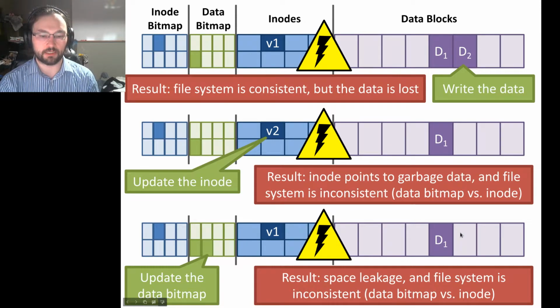We can live without those data blocks. If this happens too many more times, our disk will fill up, but then we'll probably notice and go ahead and put in a new disk and reformat the original disk, and so that's fine. So the first case and the third case are not huge deals. The second case is a pretty serious problem. Our file is corrupted and our disk is corrupted.